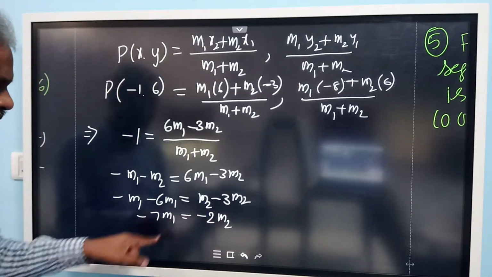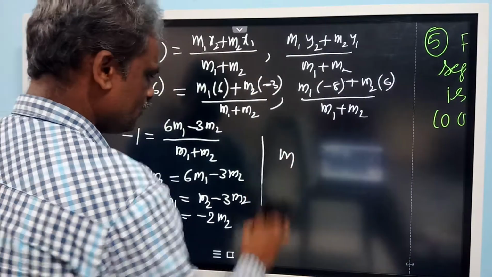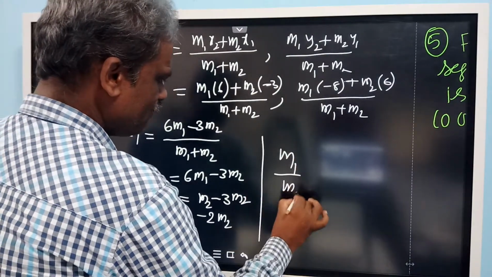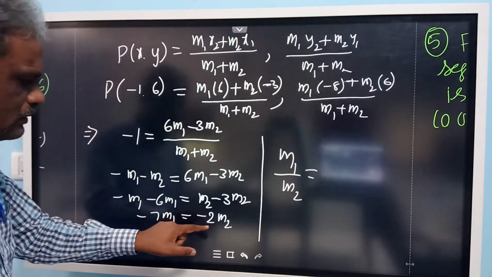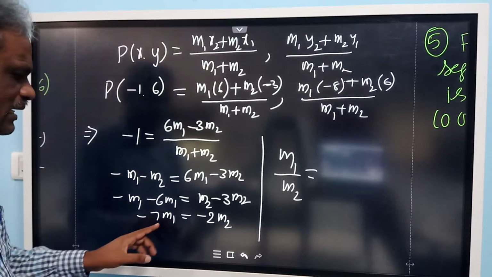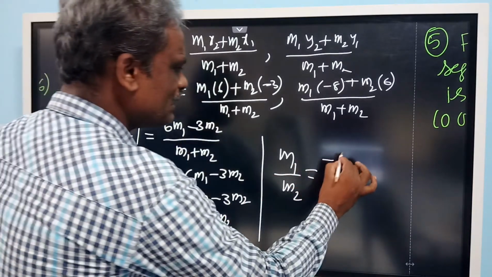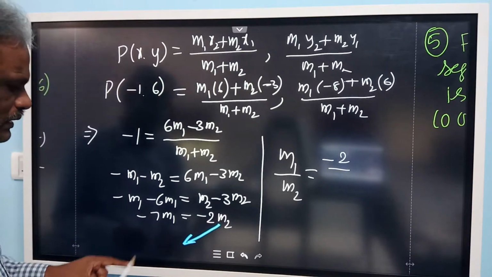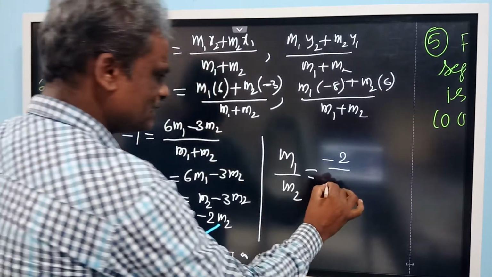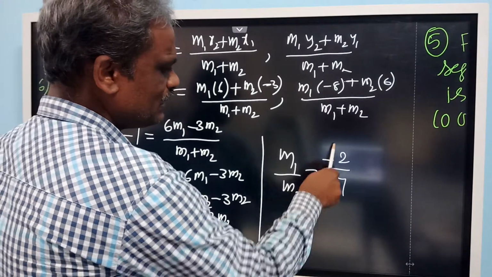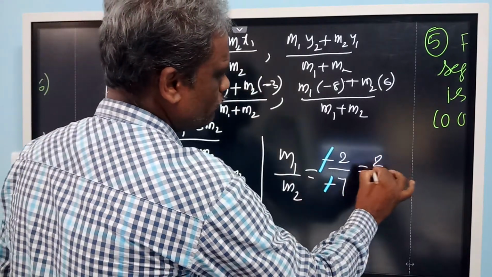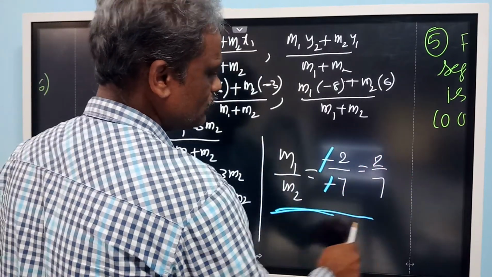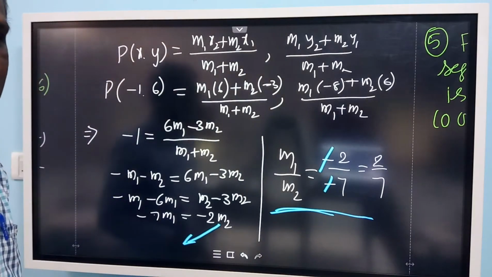I want M1 by M2. So M1 by M2 is equal to, transfer M2 to the denominator and transfer 7 to the right side, minus 2 by minus 7. Minus and minus cancel, you will get 2 by 7. This is the ratio we wanted.